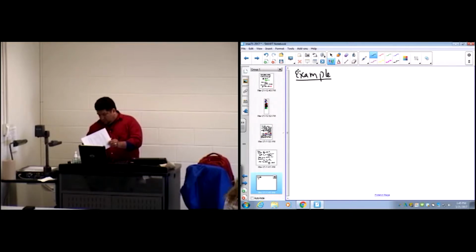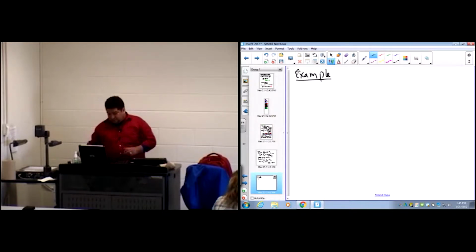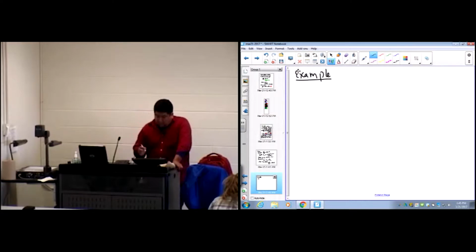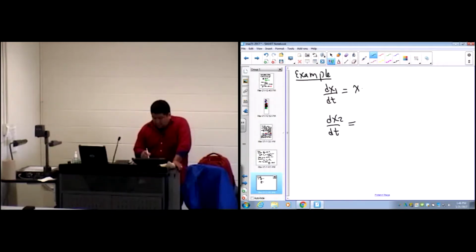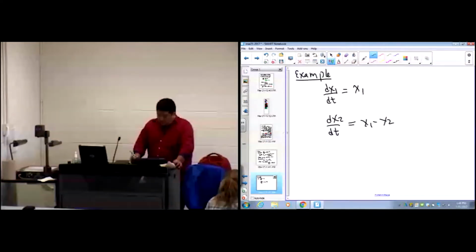So this is x1, and here this is x1 minus x2. And the initial conditions are x1 of 0 is 1, x2 of 0 is 2. So this example is not quite illustrating that theorem.